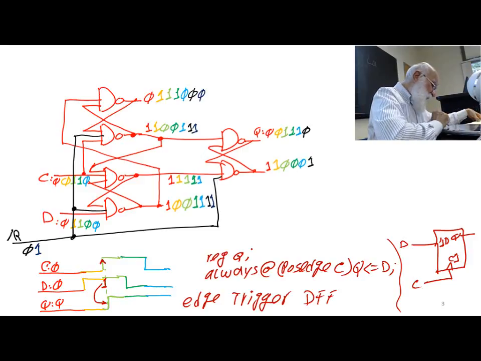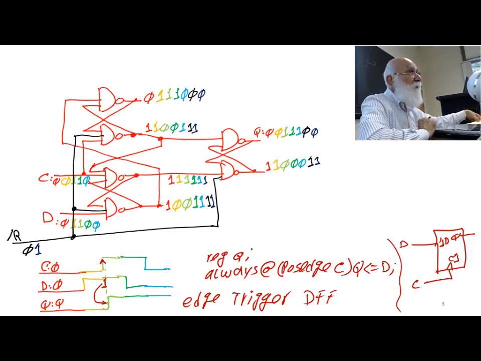I have a 1 here, my clock is still 0, so this is a 1. Okay, and then this 1 here, I have a 1, I have a 0, this remains a 1. I have a 1 here and a 1 there, this becomes 0.